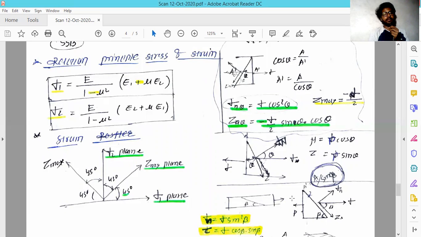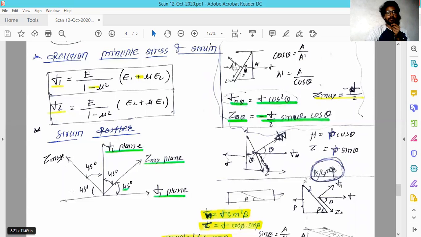The principal shear is the basic angle: if you are able to find out any one of them, we have found the principal plane angle, and from that 90 degrees we have the minor principal plane angle, and if you take 45 degrees from the major principal plane, you will get the maximum shear plane. This is how you can draw it on this diagram, so you can easily get it.